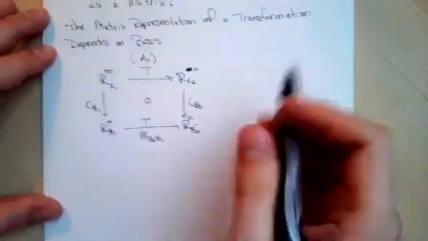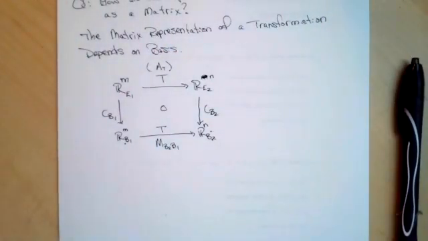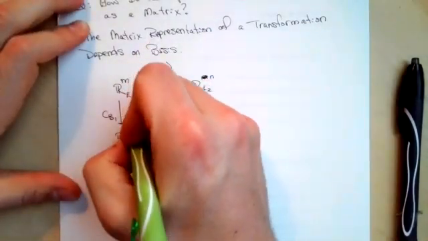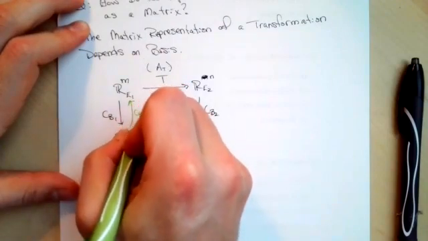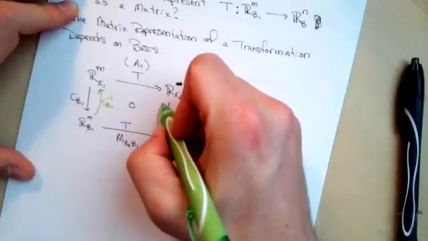So in other words, let's actually get a different color here. Since these are invertible, the change of basis matrices, we can go in the opposite direction. So this is CB1 inverse. Likewise, we have a CB2 inverse here.